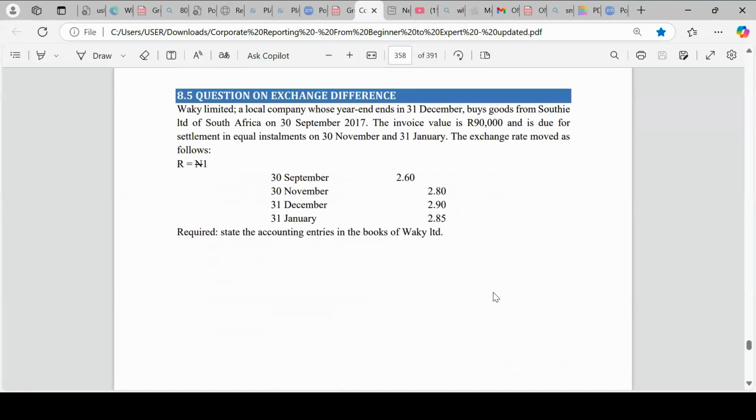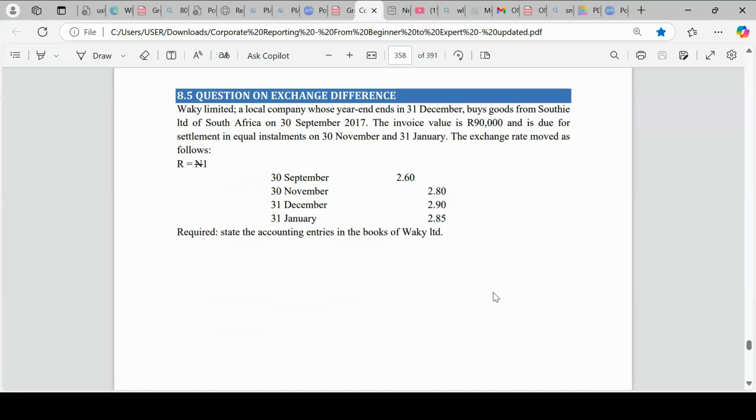Let's look at a question on exchange difference. We're told Waki Limited, a local company whose year end is 31st December, buys goods from Sauti Limited of South Africa on 30th September 2017.